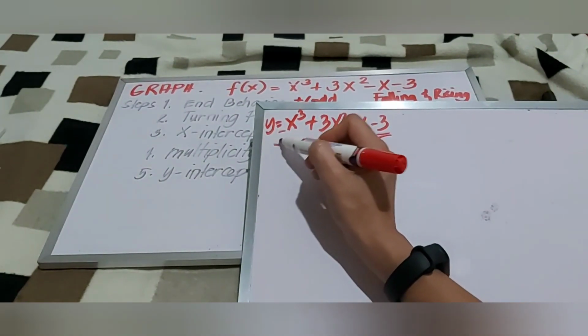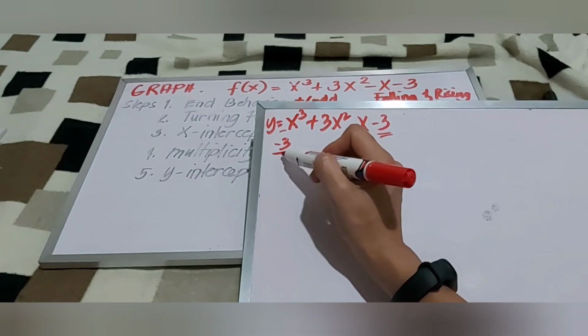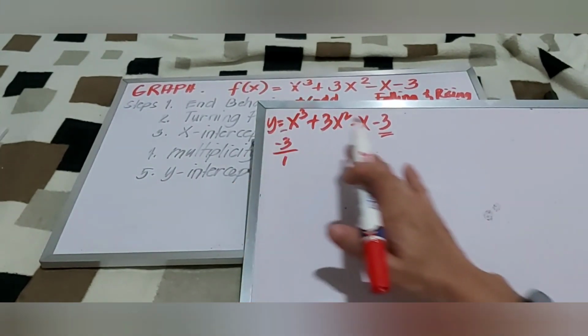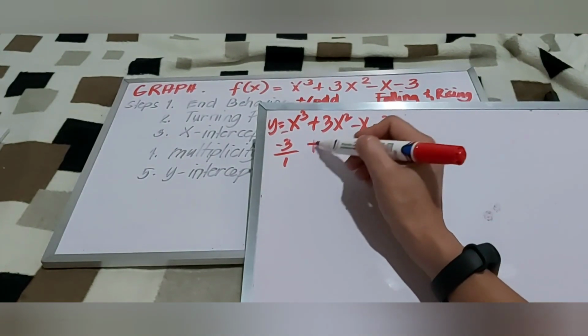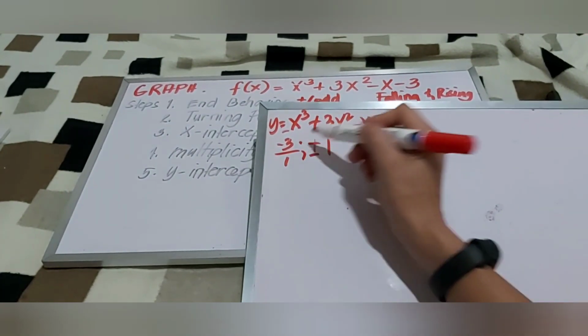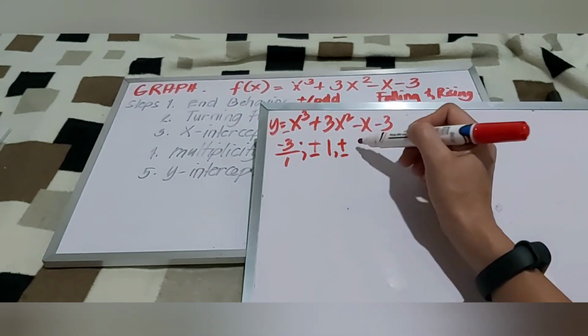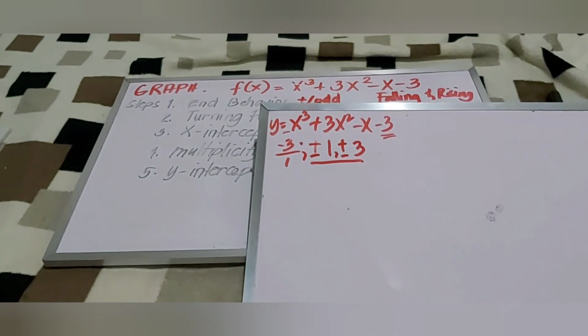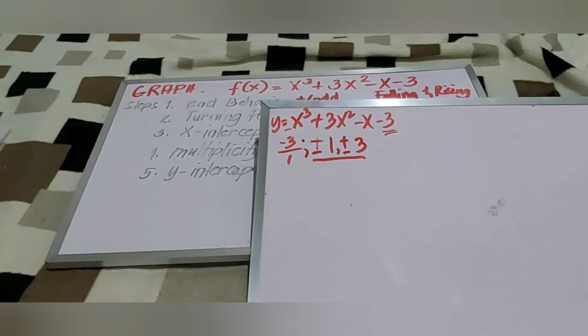So, kunin natin yung ratio nun. So, ang factors niyan, since whole number naman kalalabasan, pwede na wag niyo nang pansinin yung 1 sa ilalim. So, possible roots are positive and negative 1 and positive and negative 3. Ito lang ang pagpipilian natin na possible root na magbibigay sa atin ng x-intercepts.